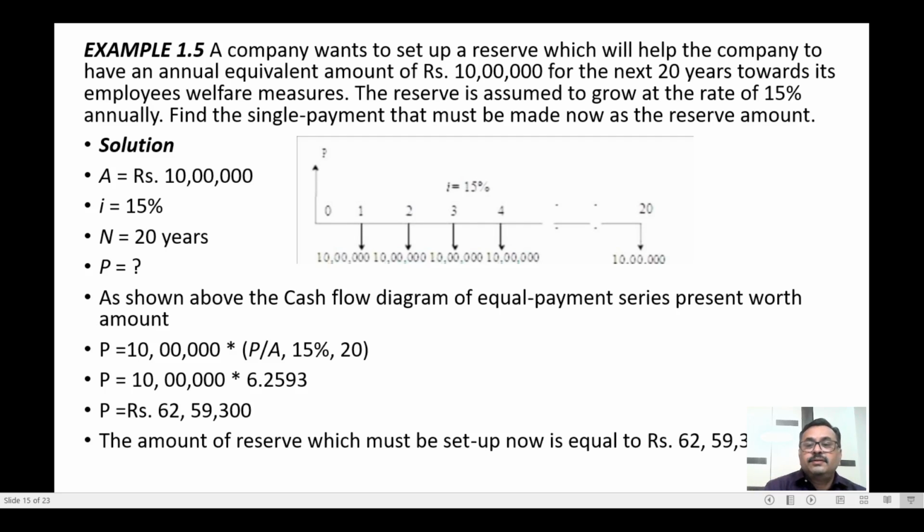Right? There is one more mistake here. I have put 62,59,030 here. It is 300. Okay, so there is a small typographical error which you can see here. Fine.